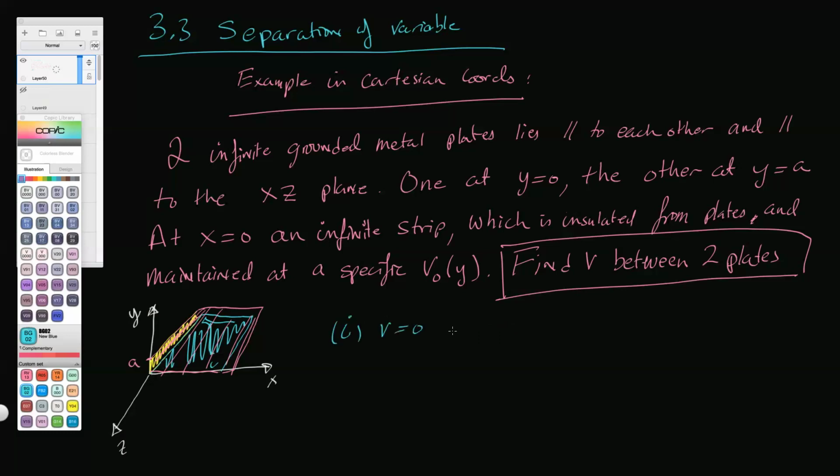Grounded bottom plate. And then for the pink plate on the top, we have V equals 0 at y equals A, grounded top plate.